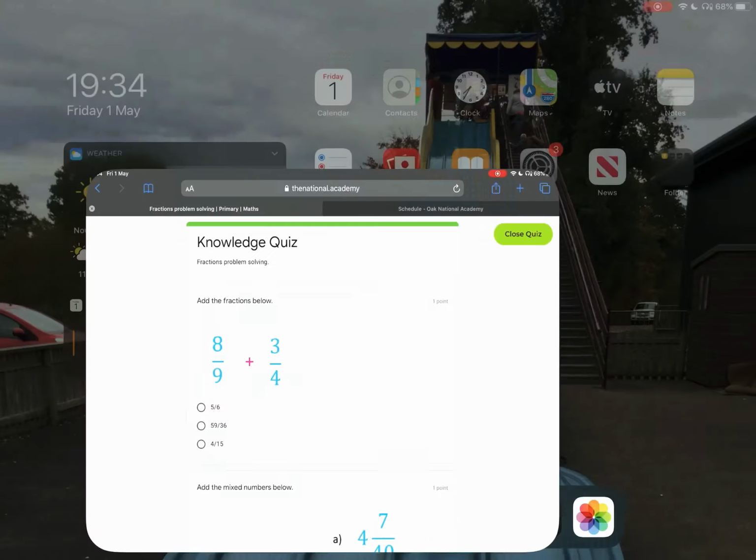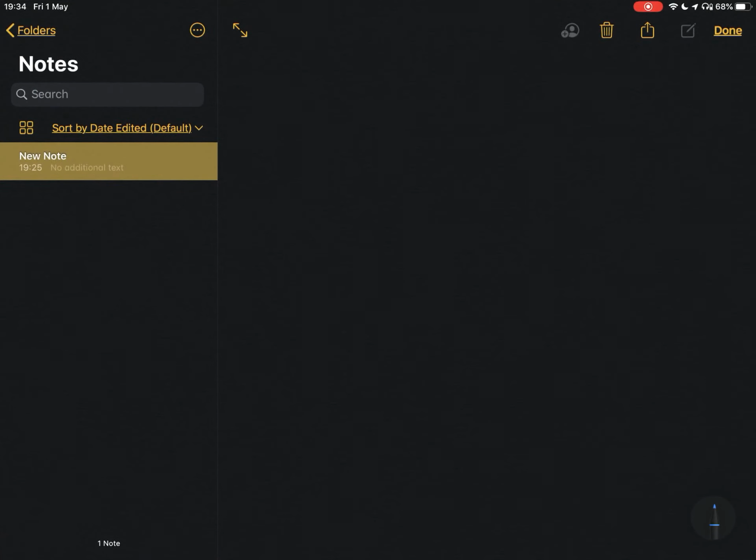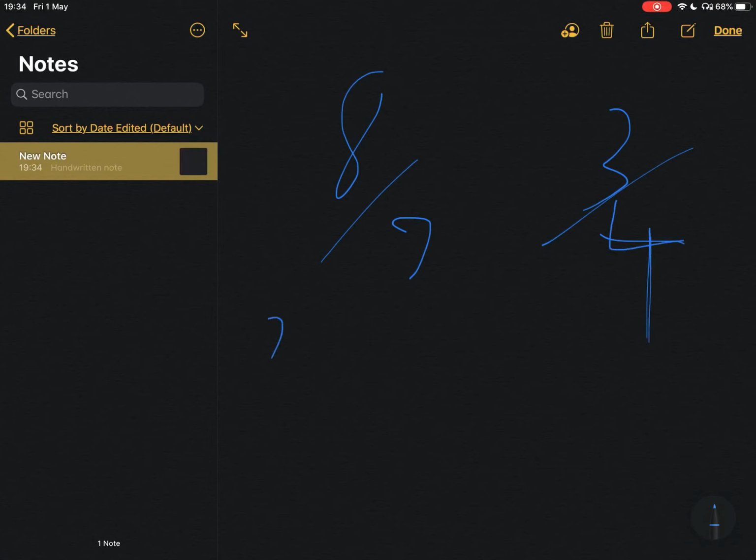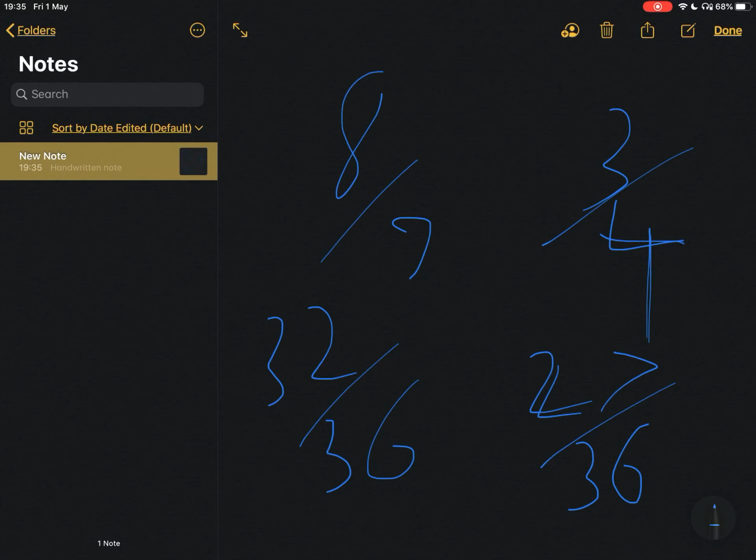Let's see, 8/9 and 3/4. That will be 32/36 and 27/36. So what do we need to do?